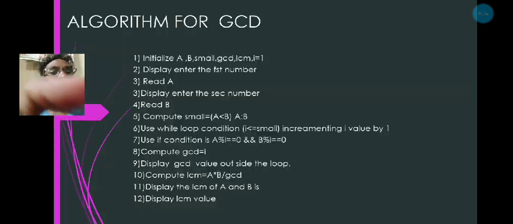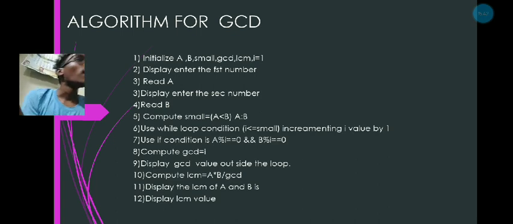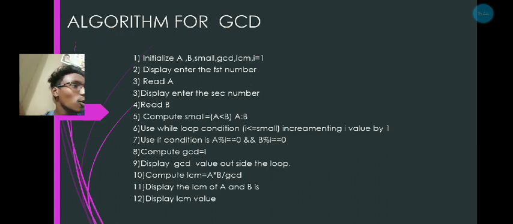Now we will see the GCD. Algorithm of GCD: initialize A, B and small, GCD, LCM and I. The GCD must be smaller than or equal to the smaller of the two integers. Display "enter the first number", read A, display "enter the second number", read B. Compute small: if A is less than B, return A or else B. Use a while loop with the condition I less than or equals to small, incrementing I by 1, using the condition A modulo I double equals to 0 and B modulo I double equals to 0.